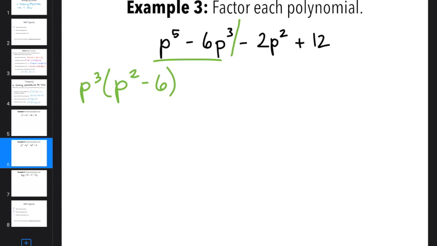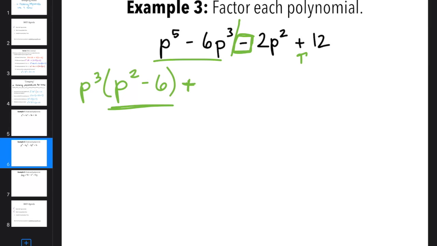All right. Because I have this subtraction sign right here, I know that's going to have to be included with what I factor. Why? Well, because I'm looking here at my product, or what I got for my first half. I have p squared minus 6.